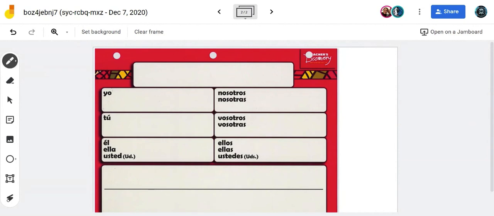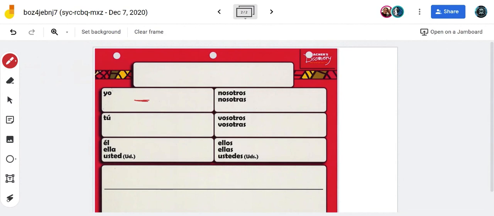So, every single one of these has its own unique ending. Now let's go ahead and find out what they are. Okay? So this dash that I put here represents the stem for any AR verb.